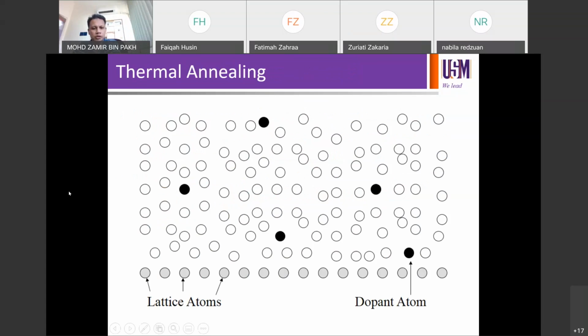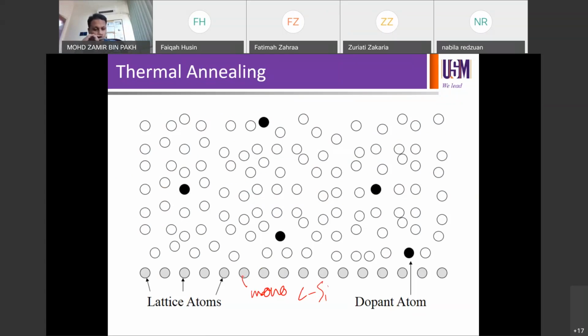For example, if you look at the gray atoms down here, imagine that they are monocrystalline silicon, right? An infinite periodic arrangement of the silicon atoms.